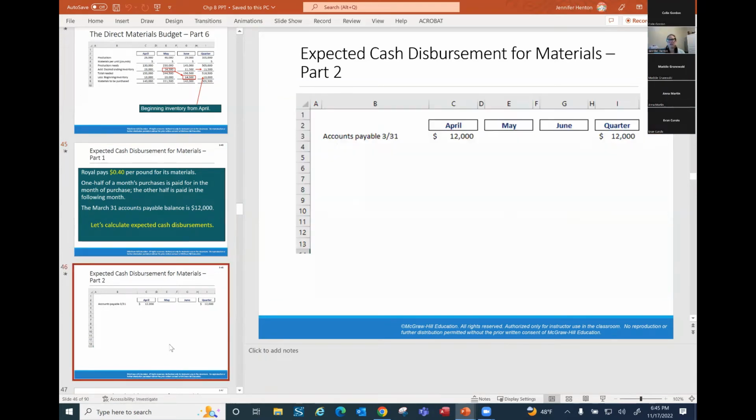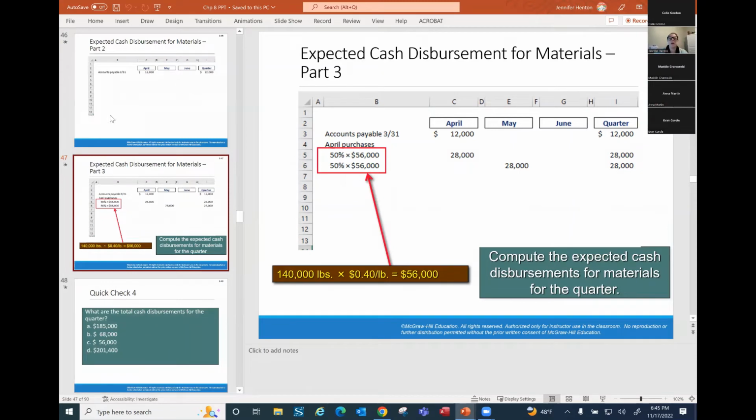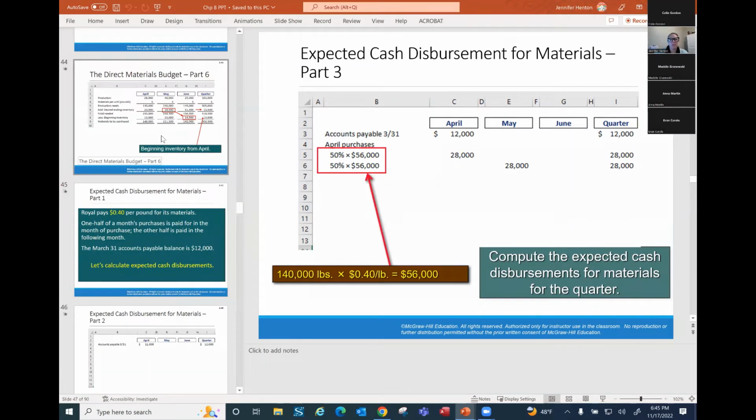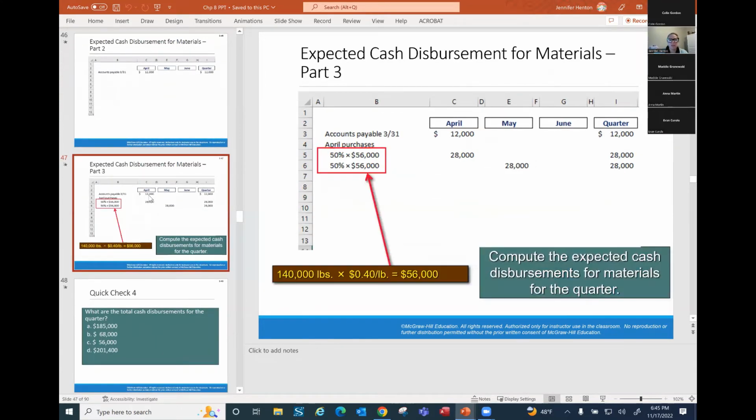So now I'm going to calculate how much cash I'm going to be spending. So I have accounts payable at 12,000. I know I'm going to have to pay that out. They just gave me that information. Now I've got to do some calculating. So I've got to look back to my production in pounds. So I have 140,000 pounds right here in April. That's how much I need to purchase. And so I need to do a calculation.